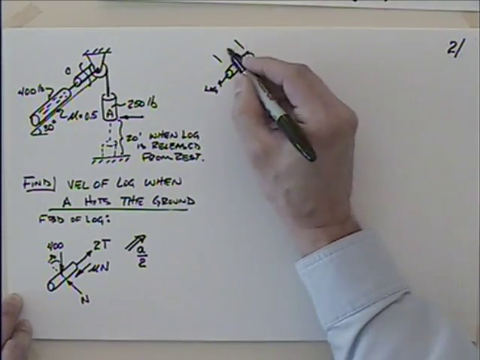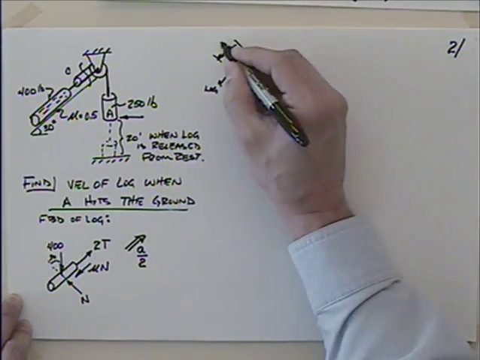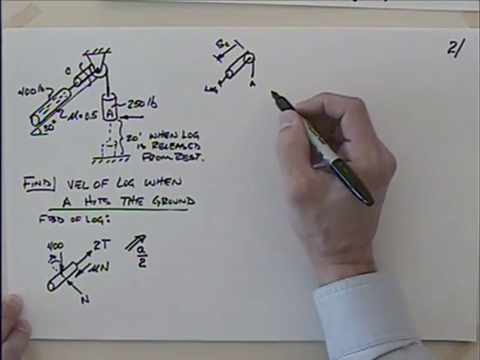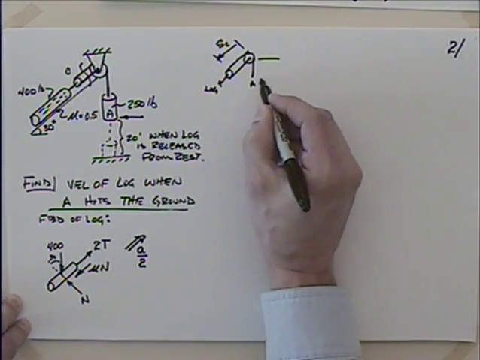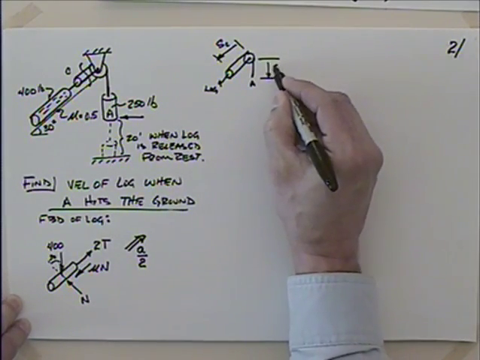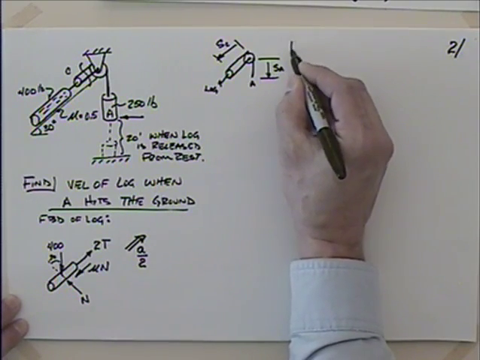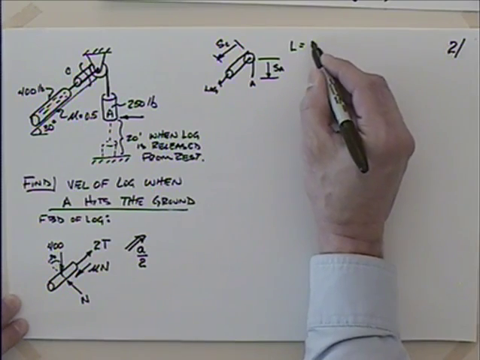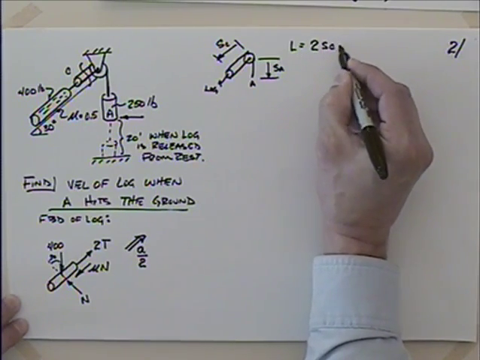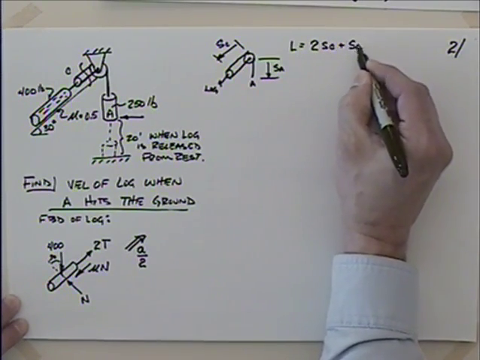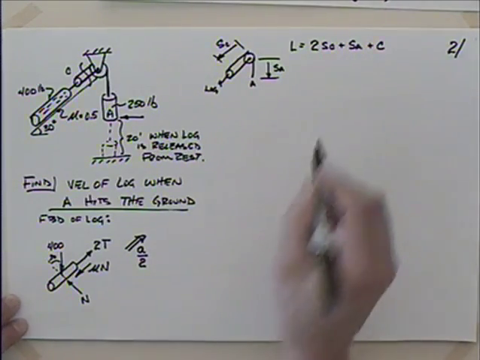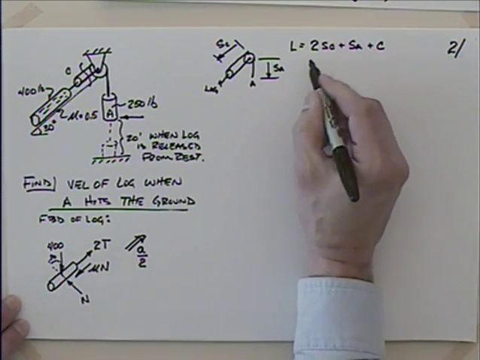I could talk about this distance being S sub C, and maybe I'll talk about this distance here being S sub A. And I could then talk about the length of that cable as 2 times S sub C plus S sub A plus some constants in there for the pulleys, circumference of the pulleys and things like that.